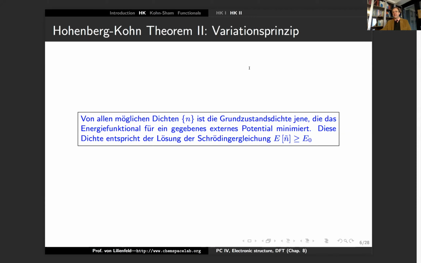Now, there is a little problem here, which you can see already. We don't really know what the energy functional of the density is. We know the energy functional of the wave function, right? That's just the expectation value of the Hamiltonian. But we don't know that for the electron density.